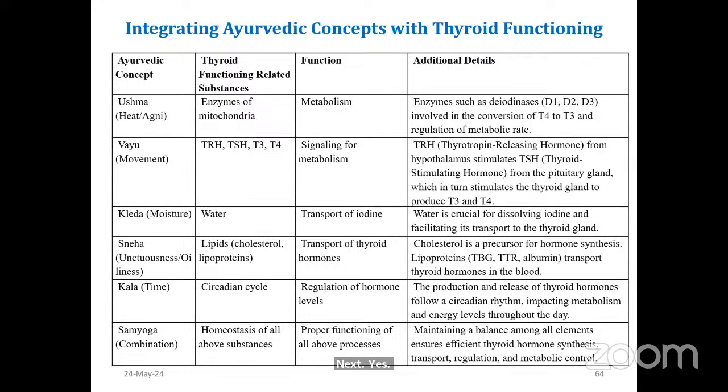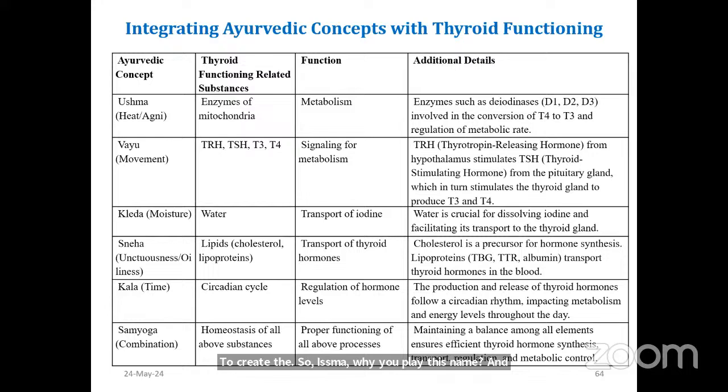Actually, Agni is a very broad concept, and mainly Agni works by the Ahar Parinamkar Bhava. How we can integrate the Ayurvedic concept of Ahar Parinamkar Bhava with thyroid function can help to treat the patient. So Usma, Vayu, Kleda, Sneh, Kal, and Samyog. These six are the Ahar Parinamkar Bhava, and they represent the Agni.